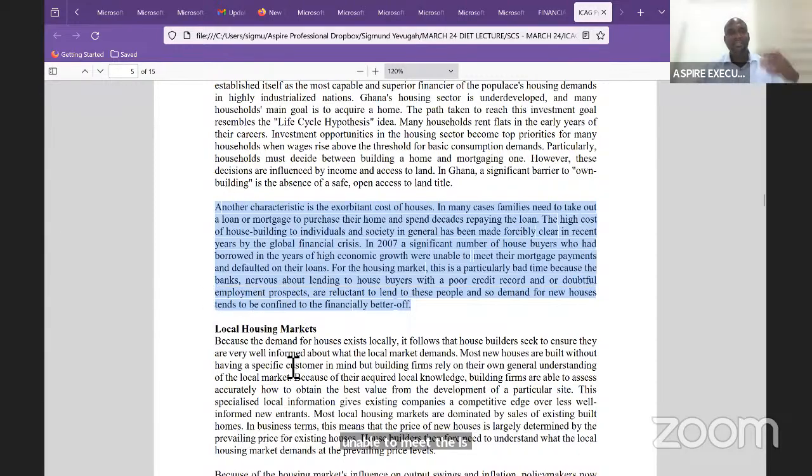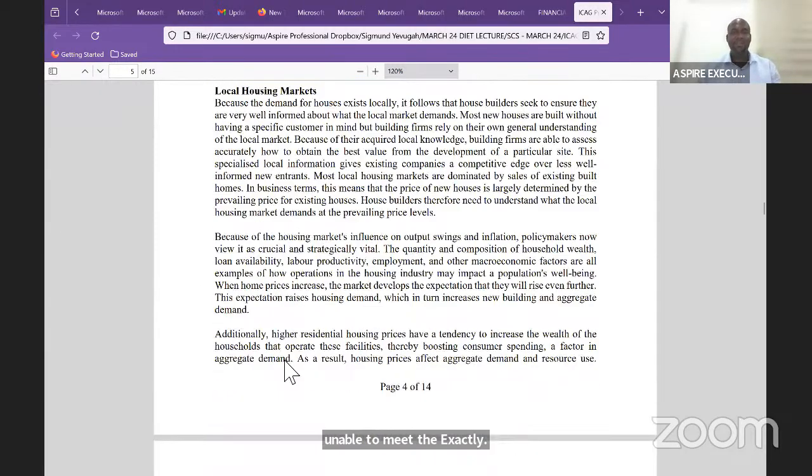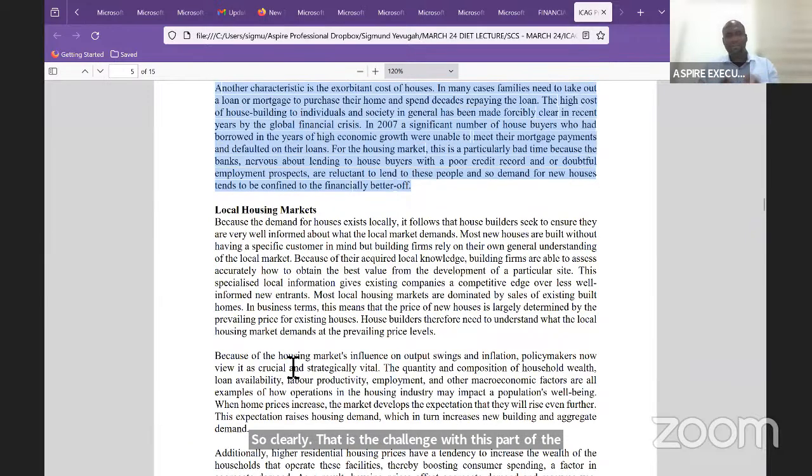Exactly. So clearly, that is the challenge in this part of the world. So all this clearly helps you to build up your analysis of the environment that we are operating in. Put up a very nice summarized explanation of all the models that are particularly important for analyzing your macro and micro environment. Is that clear? You should be able to do that.